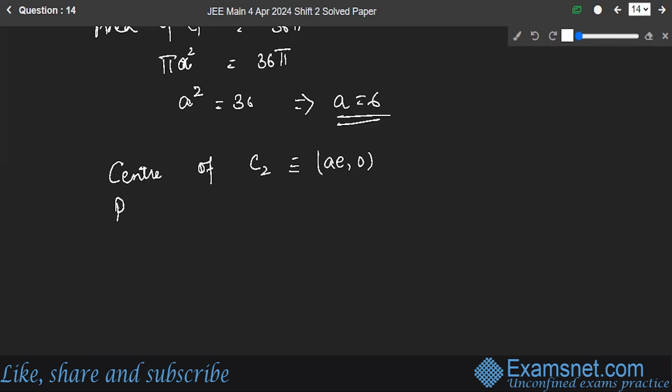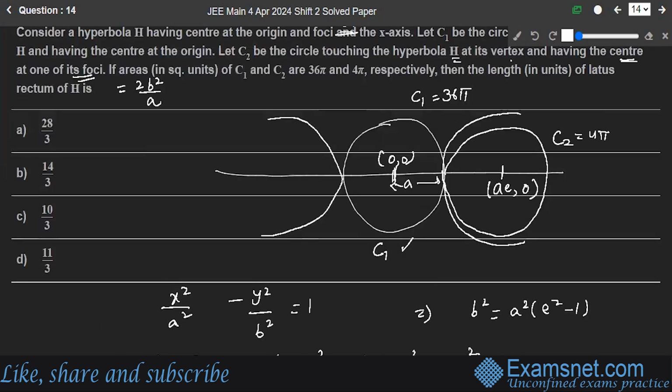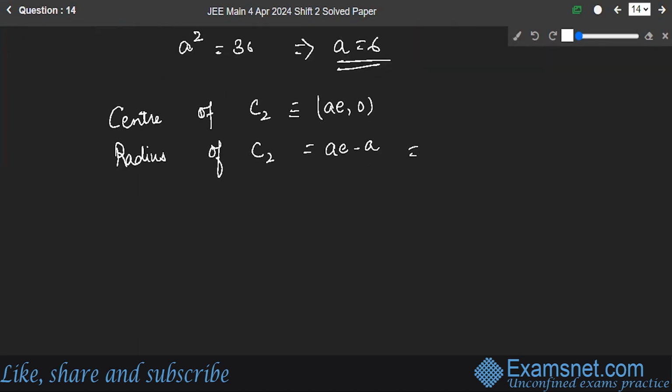Correct. So the radius of C2 will be given by ae minus a. See, this is the origin, right? So ae minus a will give you the radius for C2, or this is a into (e minus 1). This is the radius for C2.